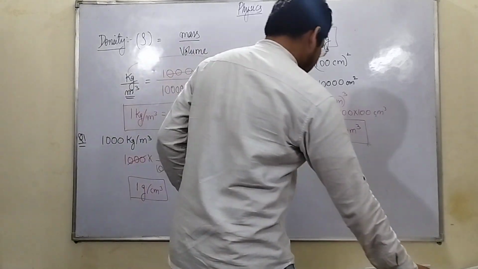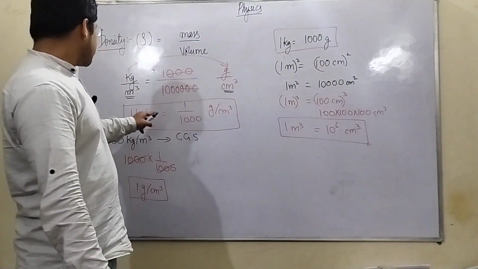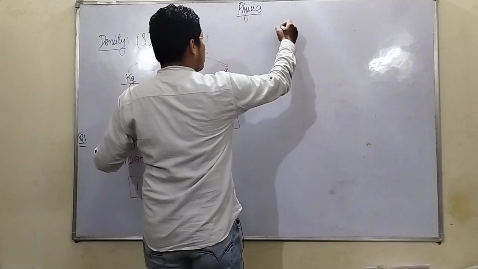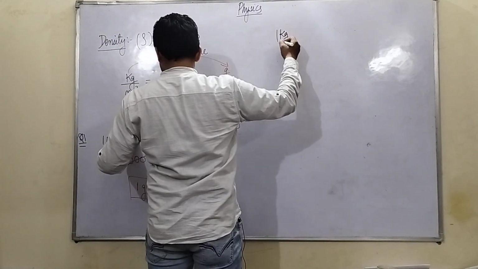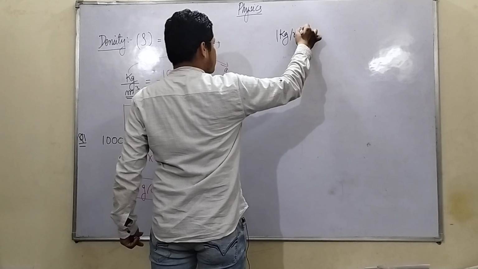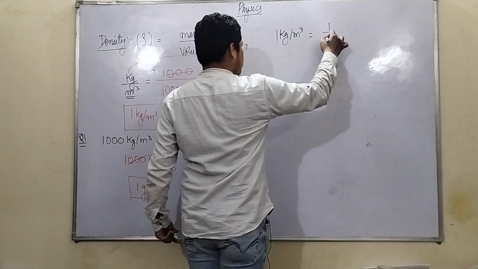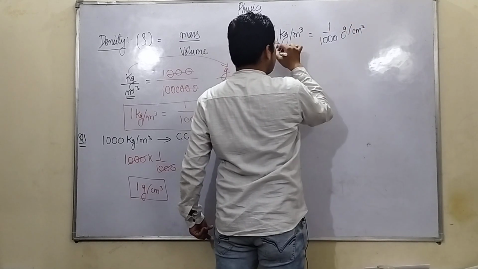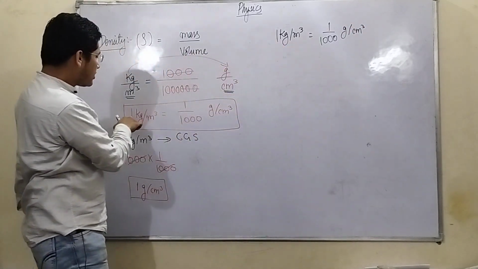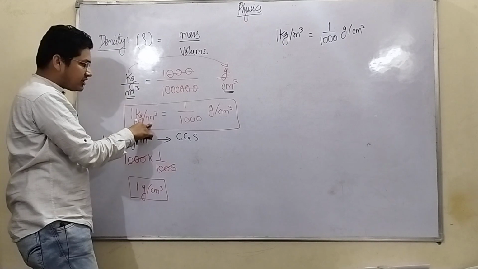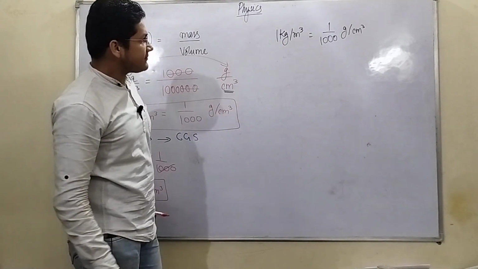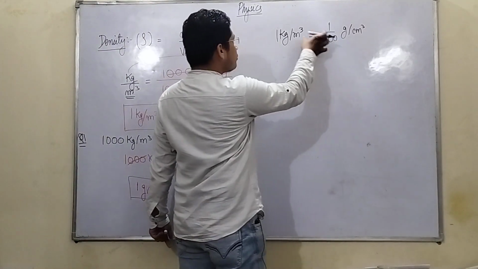Now let's see how we can convert from CGS unit to SI unit. So from here we already got it. 1 kilogram per meter cube is equal to 1 upon 1000 gram per centimeter cube. This we already got from here, beta. 1 kilogram per cubic meter will be equal to 1 upon 1000 gram per cubic centimeter. Now what we will do, we will transpose it.